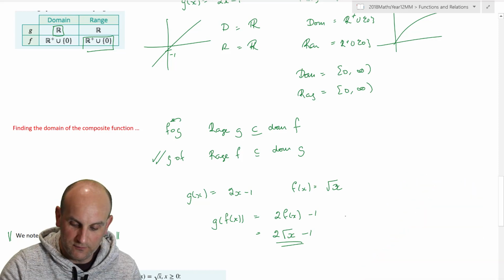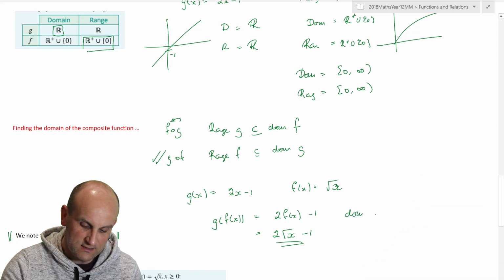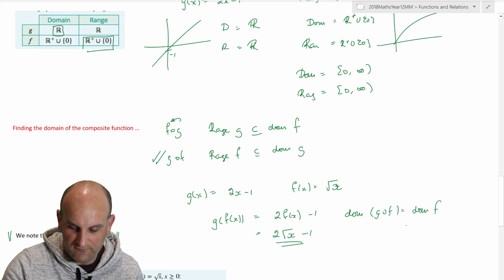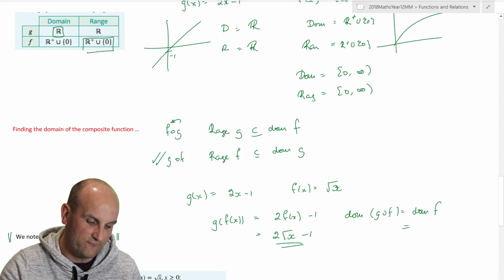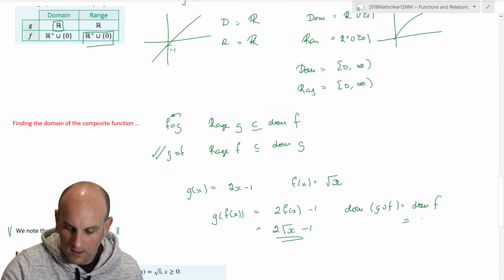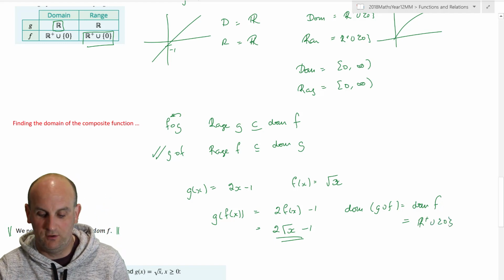The domain of G of F is equal to the domain of F. And what was the domain of F? Well, if we check again, the domain of F was R plus or 0.